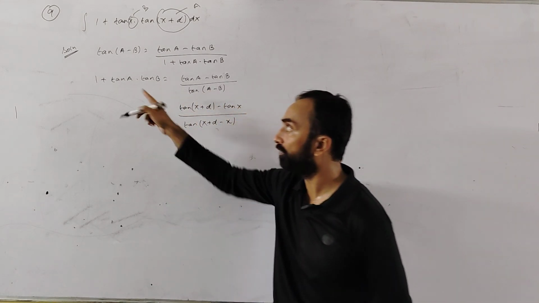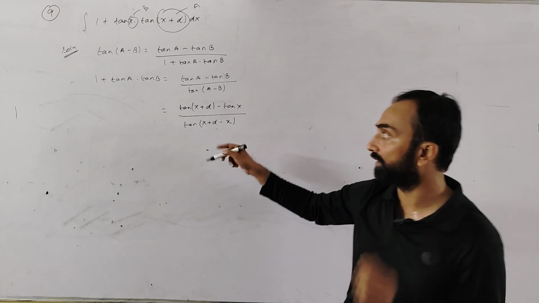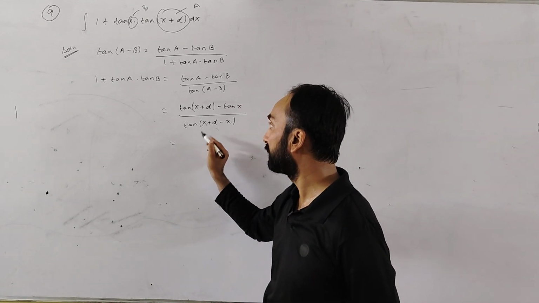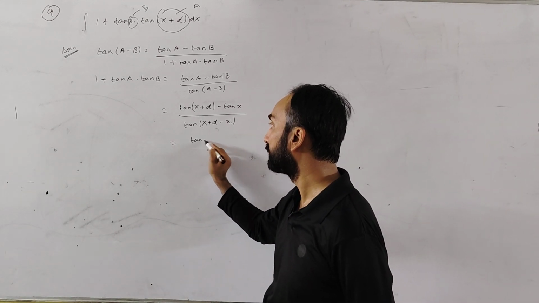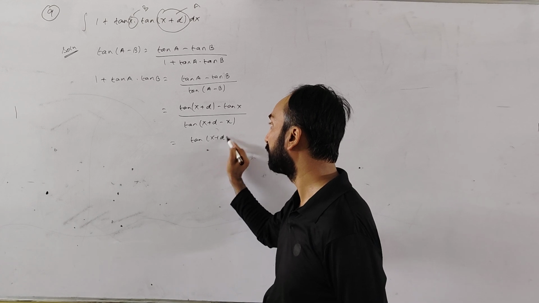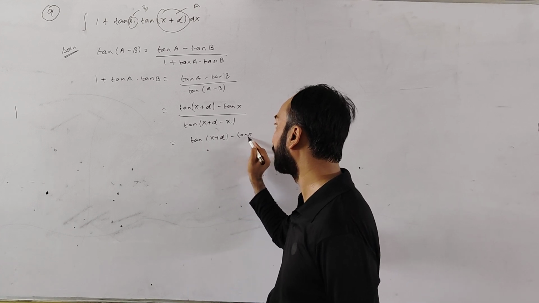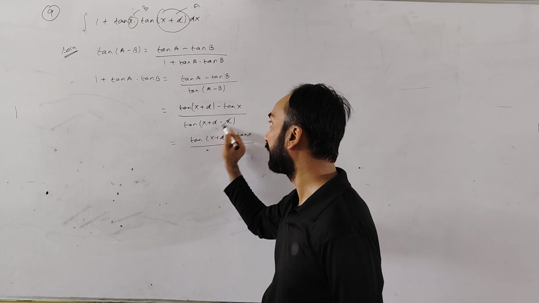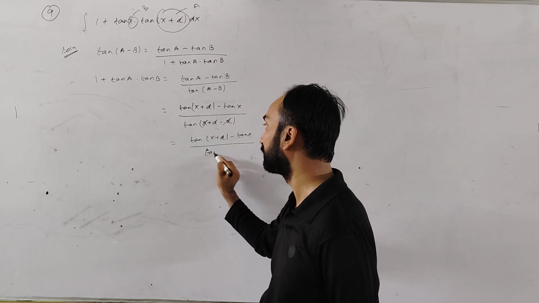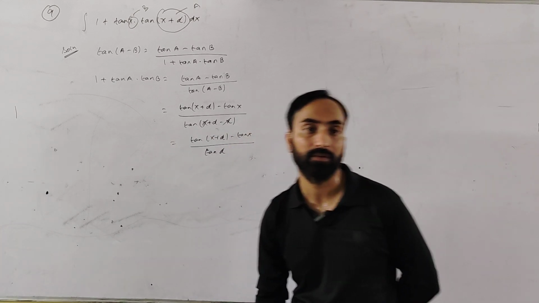Correct? And x gets cancelled, and we get tan alpha. Tan alpha is a constant part, no?